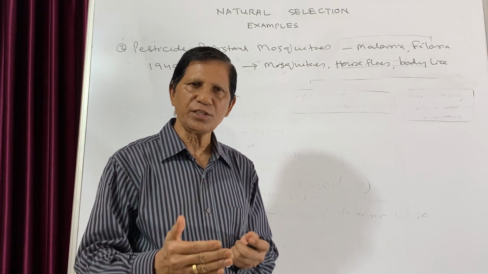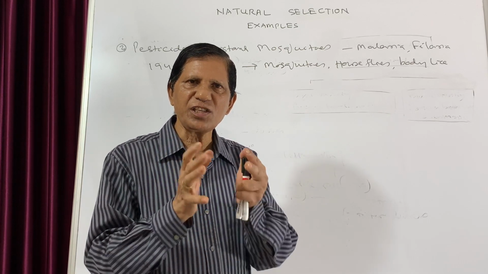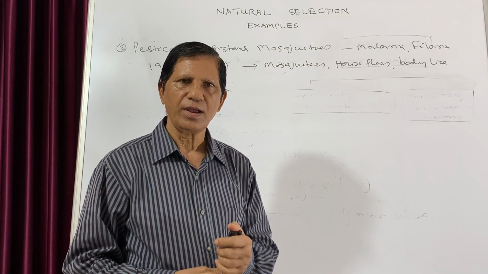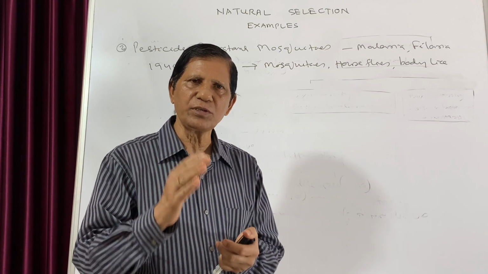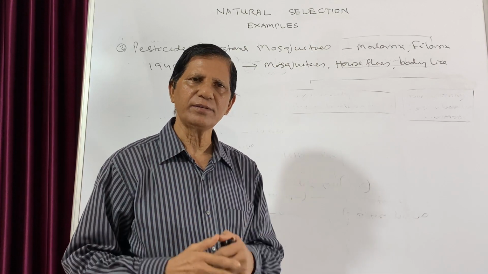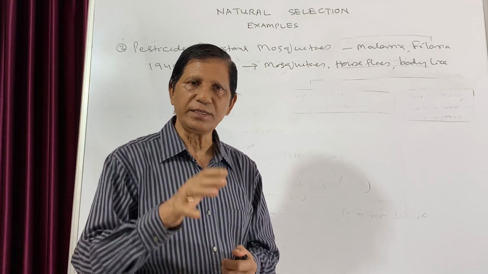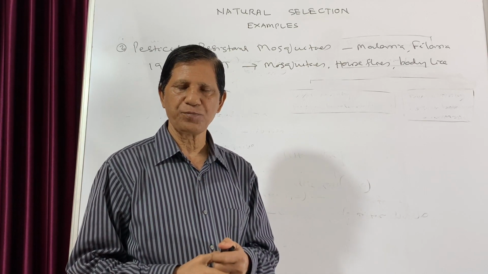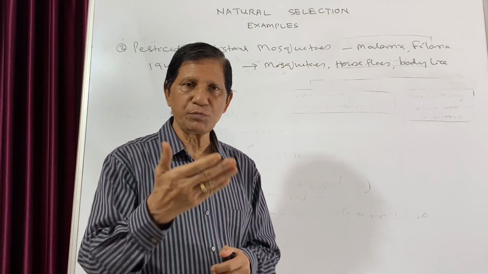After 2 to 3 years, it was found that the mosquitoes became resistant to DDT. It was so prominent that ultimately the use of DDT in households was banned, because there was more production of DDT resistant mosquitoes. So how is it possible?